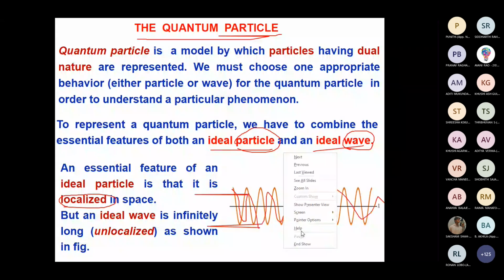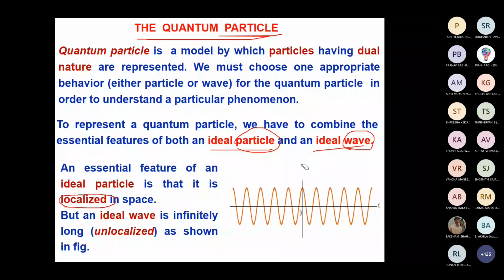A quantum particle is a model where both the particle feature as well as the wave feature are taken into account. That's what we need to look for. So what is the essential feature of an ideal particle? That is, localized in space.